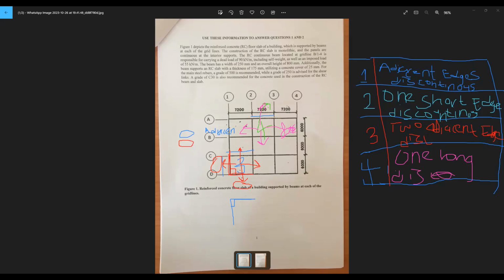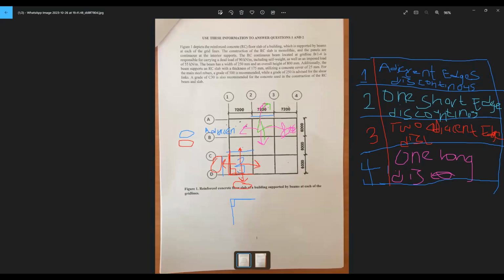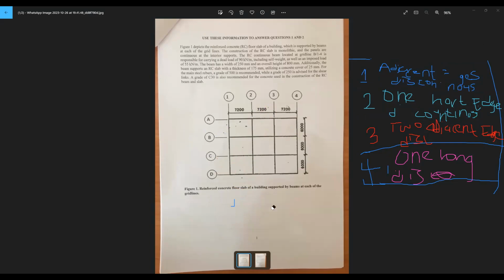The next one is panel 23BC, that is this. This is our panel 5. Let me clear the other since it's become crowded.